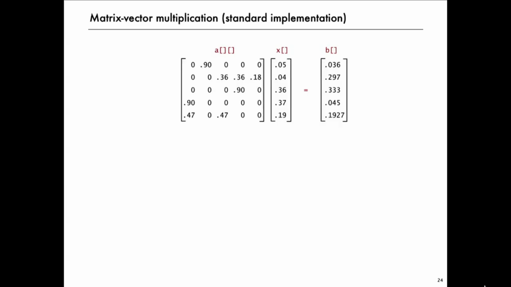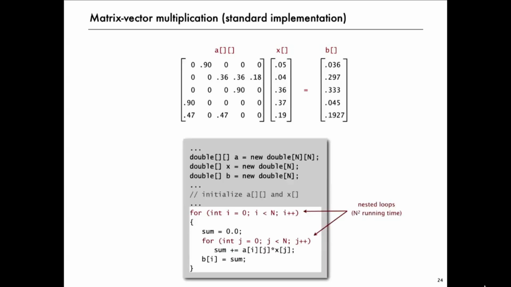So the standard implementation of this is quite easy. We have a two-dimensional matrix, a one-dimensional column vector for the multiplicand and the result. And then they get initialized in some way, but the main computation is a pair of nested for loops.